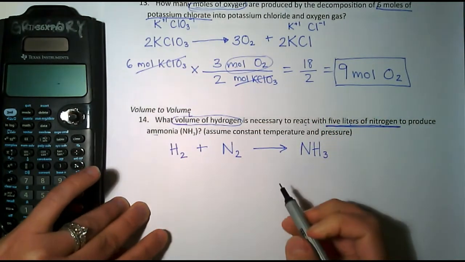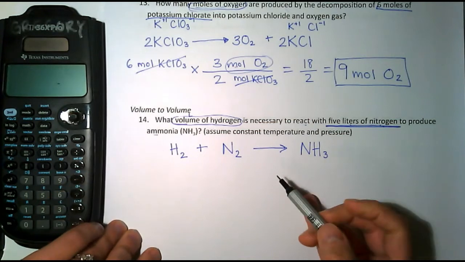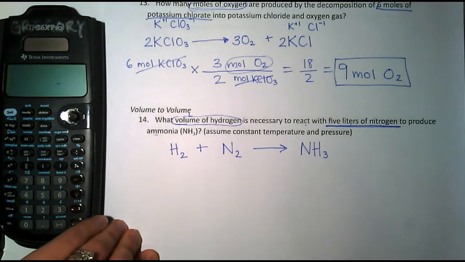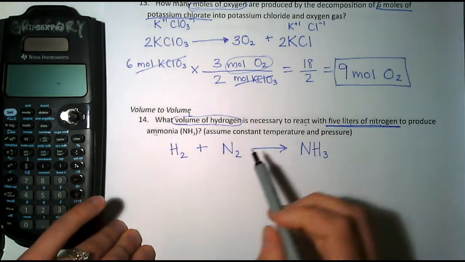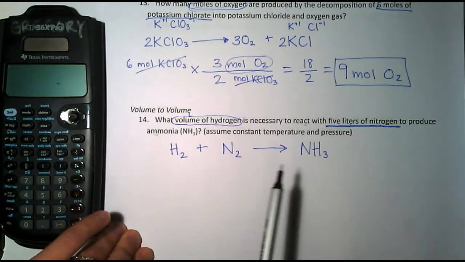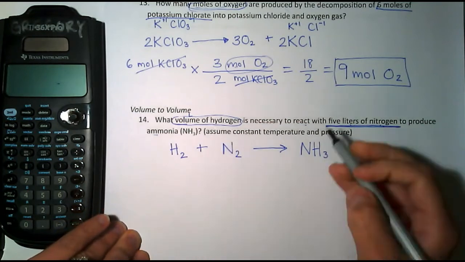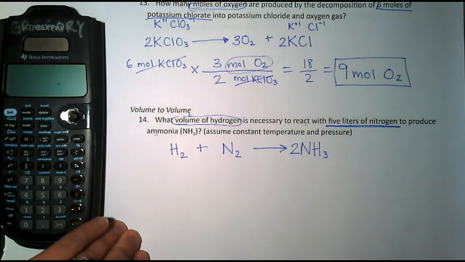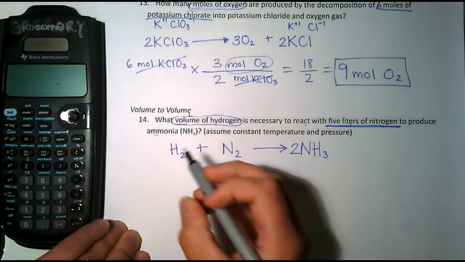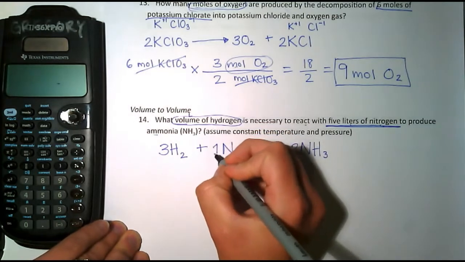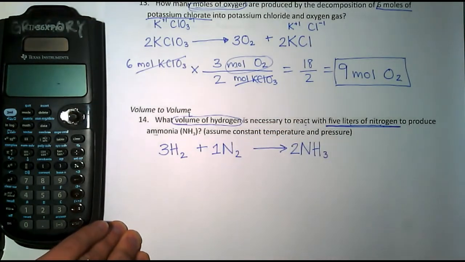So now we need to balance this equation, because an unbalanced equation is not very useful for doing anything in chemistry, definitely not stoichiometry. And I noticed that hydrogen has an odd number. I'm going to leave that alone for now. We're going to fix nitrogen. So we have 2 nitrogens here, so I'm going to put a 2 in front of the NH3. And that gives me 6 hydrogens, so I can put a 3 over here. 3H2 plus 1 N2 gives me 2 NH3.